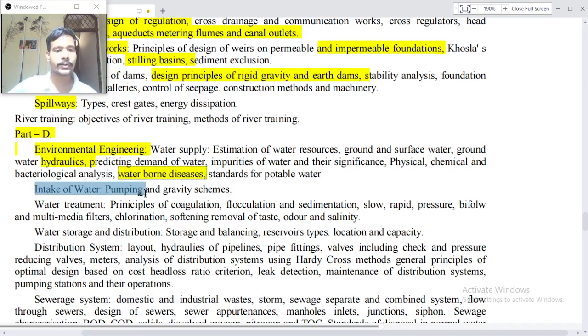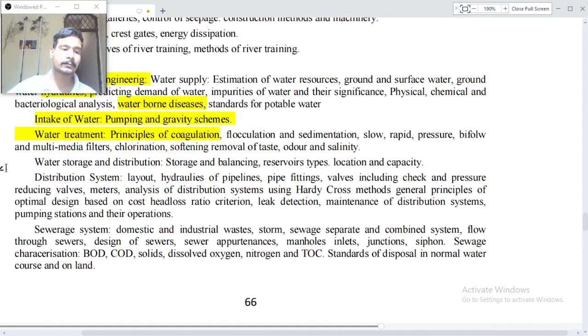Now intake, water pumping and gravity schemes, water treatment, principles of coagulation, flocculation and sedimentation, slow and rapid sand filters, pressure filters, biflow and multimedia filters, chlorination, softening, removal of taste, odor, and salinity.